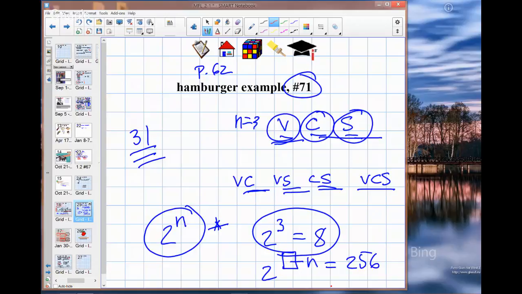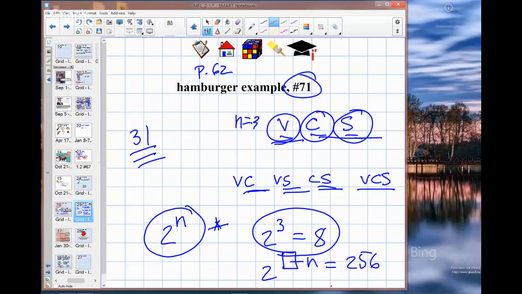Let's do it together. 2 times 2 is 4. Double it again, now we're on 3, and you're at 8. Double it again, 4, now 16. 5, now 32. 6, you're at 64. 7, you're at 128. And 8, if you double it one more time, you get 256. If you just had 8 condiments, you could put up a big sign and say, we offer 256 kinds of hamburgers. The guy who says, I want the works, is going to get a lot of stuff. And the guy who says, I want the empty set, is just going to get a plain hamburger.